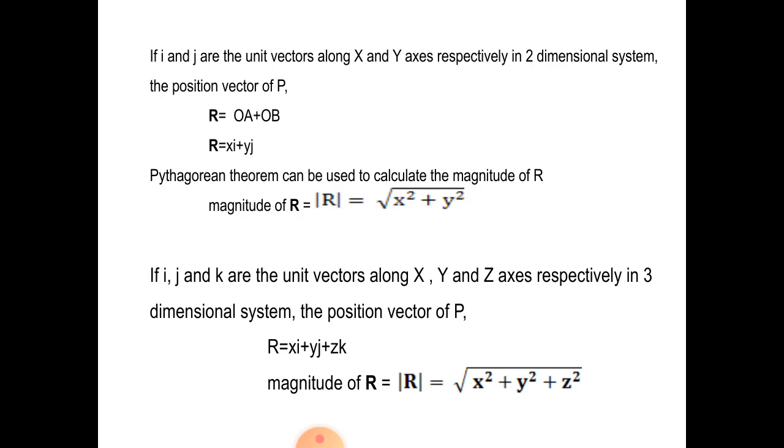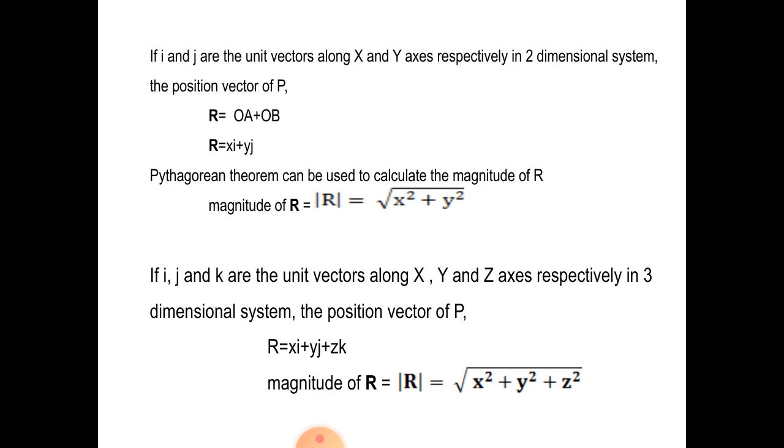If i and j are the unit vectors along x and y axis respectively in two-dimensional system, then R is equal to OA plus OB. Then you write the magnitudes. R vector is equal to xi plus yj. By the Pythagorean theorem, the magnitude of R can be calculated as root of x square plus y square.